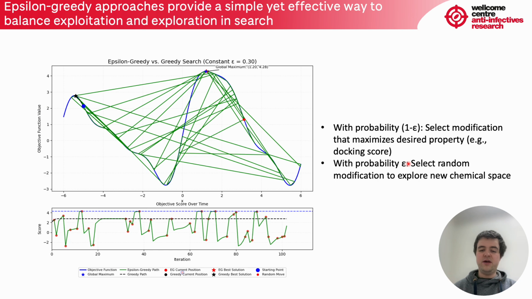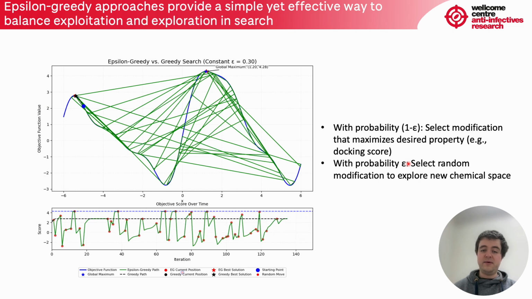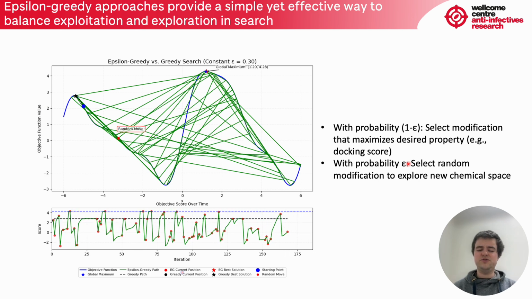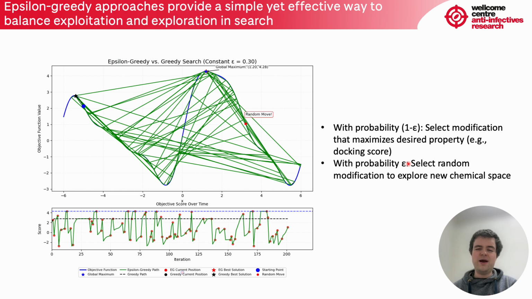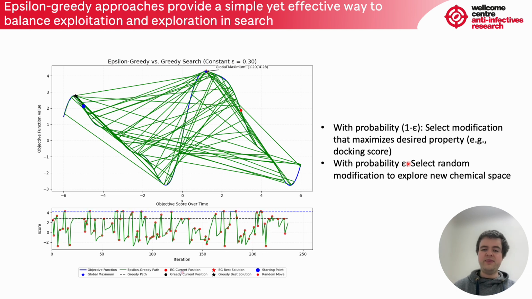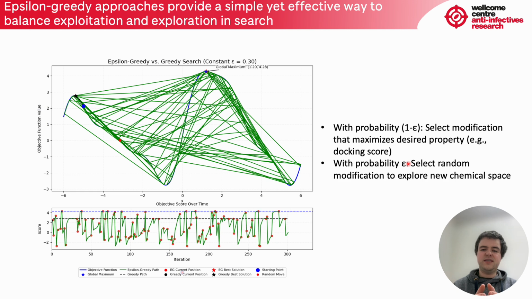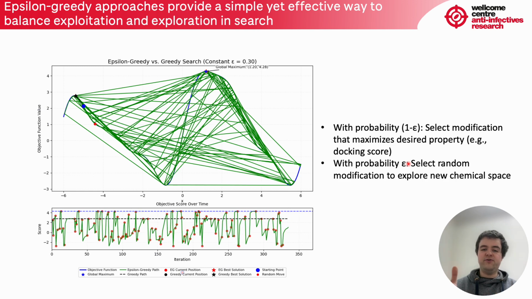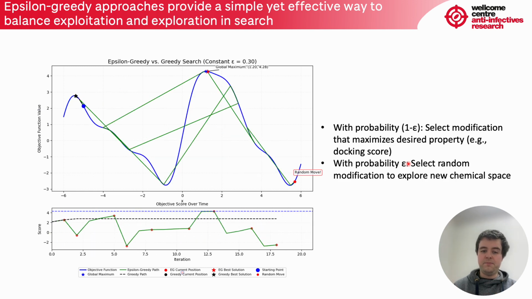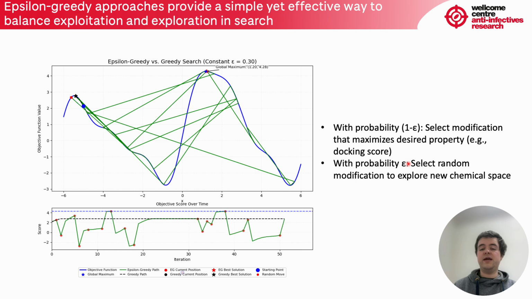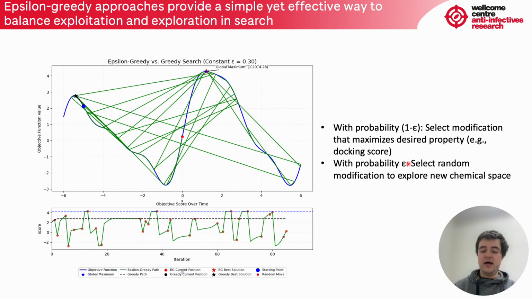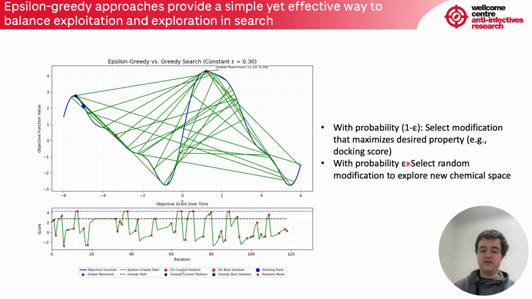So instead of just saying, I'm going to pick the best every time, I sometimes say, actually, I'll pick a random transformation. And this little bit of randomness introduces the ability to traverse the space in a wider manner. It means that we no longer have to get trapped inside a local optimum. We can explore more of the space.